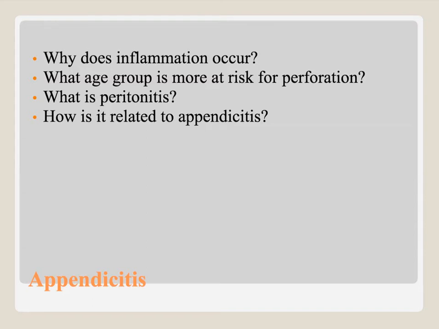So if we admit a patient with an appendicitis, a nurse's job is to continuously monitor that patient for any change in their condition that might indicate that the appendix has burst. And if that happens, we have to call the provider right away because the patient is at risk for peritonitis, which is a life-threatening situation.